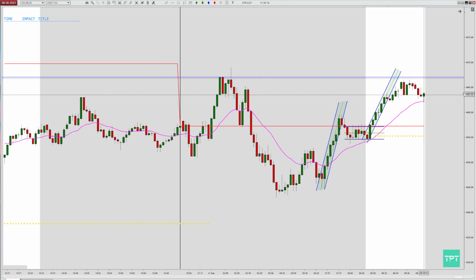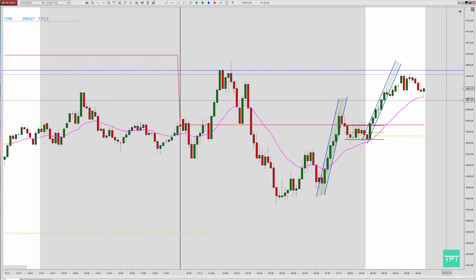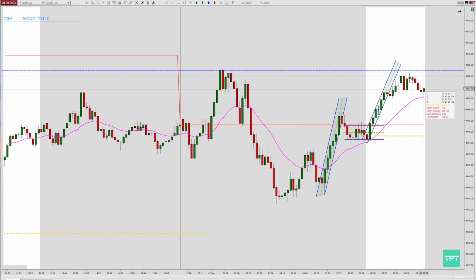We see a second entry long here. You can see prices made a new high here. First entry, pullback, second entry with a very nice strong bullish bar, and this bar has only 8 ticks.